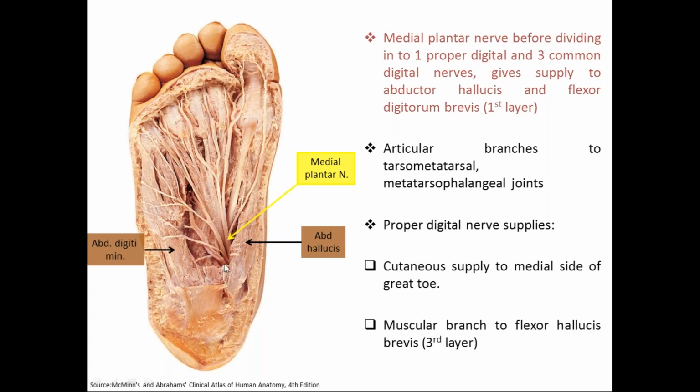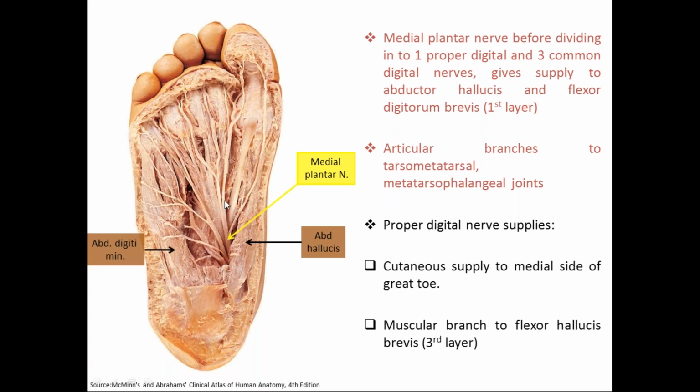So these two muscles are innervated by the branches from the main trunk of the medial plantar nerve before it gives the digital branches. Along with that, it also gives some branches in this region to supply the joints, the tarsometatarsal joint and the metatarsophalangeal joint. And these two muscles belong to the first layer of the sole, right?